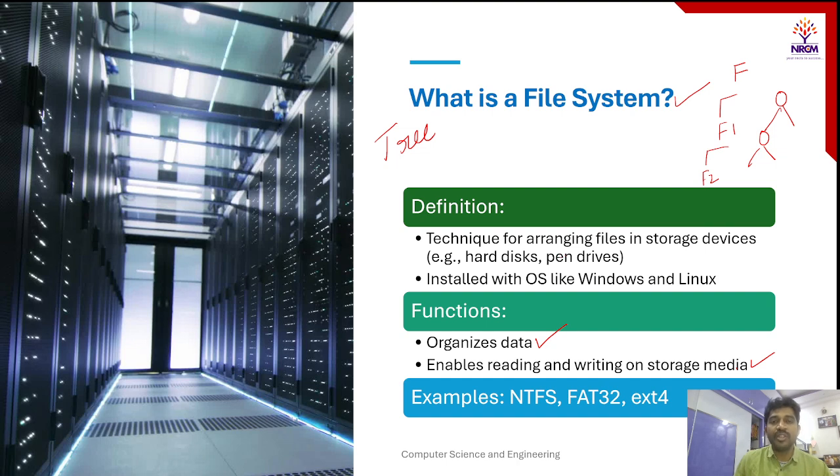When you install any kind of OS like Linux or Windows, by default you will get a file system. The file system is able to store your files. Examples are NTFS, FAT32 and ext4. All these are the file systems we use in Windows and Linux operating systems. Even you can take the Mac also.